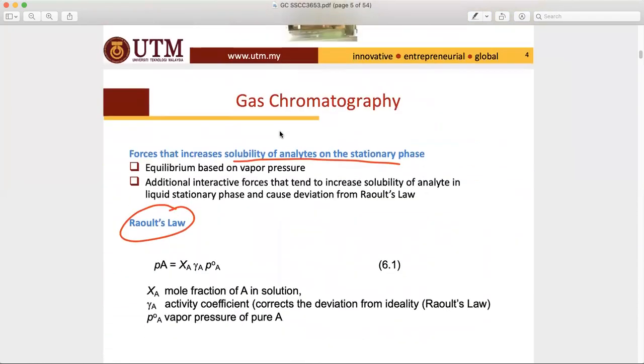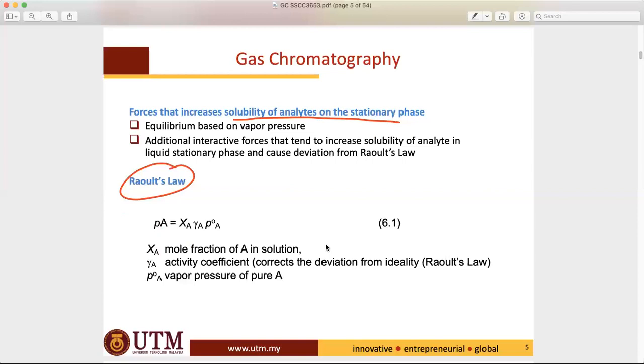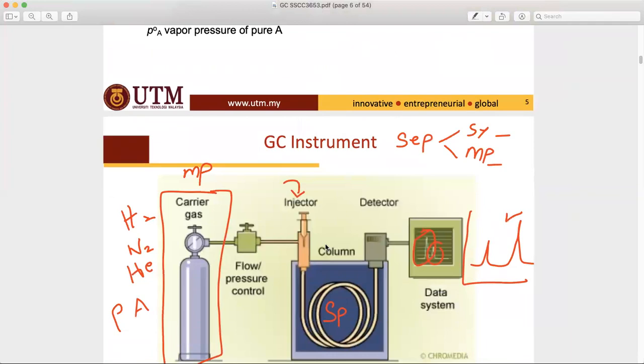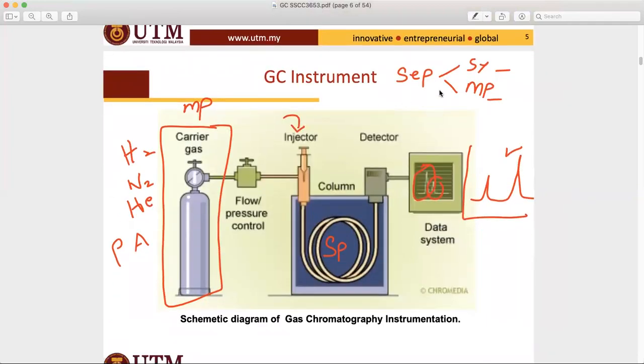Okay, and then we also continued with how gas chromatography happens, what the separations are, and how the separation happens. Basically, separation happens based on the interaction of analytes with the stationary phase as well as the mobile phase. This is the schematic diagram of a GC instrument.